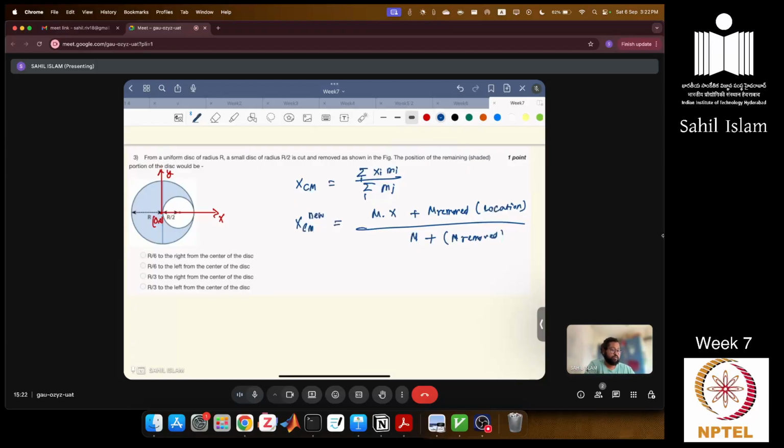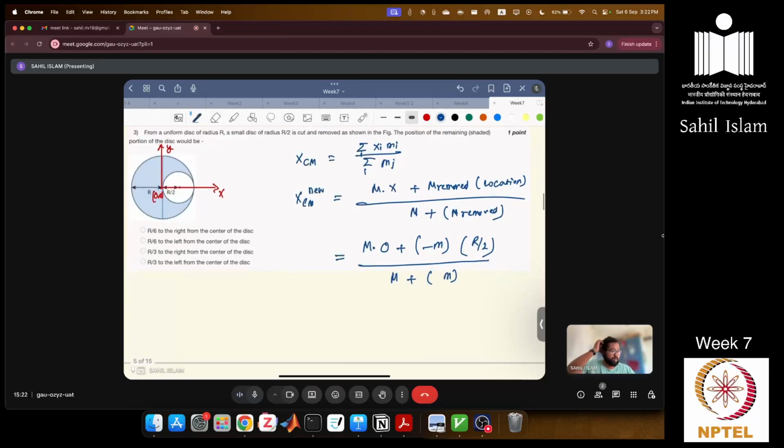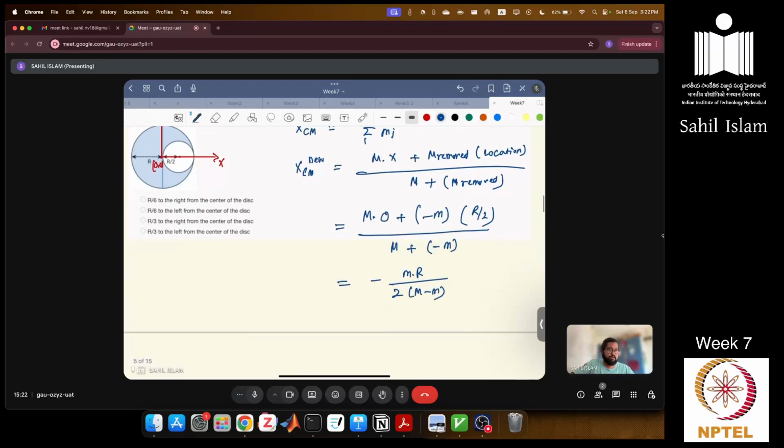So this will be capital M times the old position, which was 0, plus the mass removed, which is minus m, times its location r by 2, divided by old mass M plus mass removed, minus m. So what we get is minus m r by 2 times capital M minus small m. So this is the new mass.